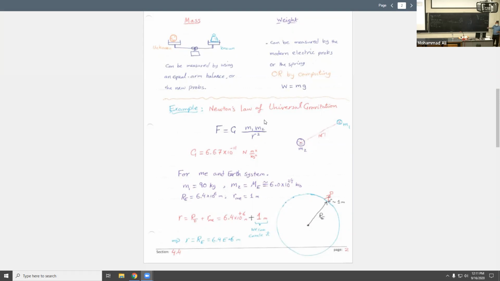This is my mass. So when you ask me what is your weight, if I tell you it is 90 kilograms, I am wrong. If you ask me what is your mass, this is my mass. My weight, I need to compute or to measure in newtons.